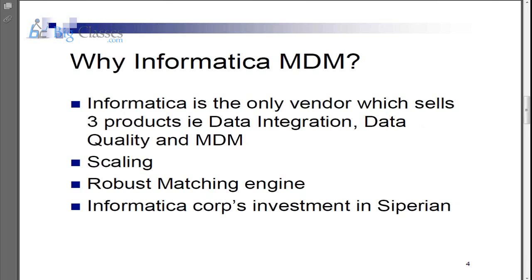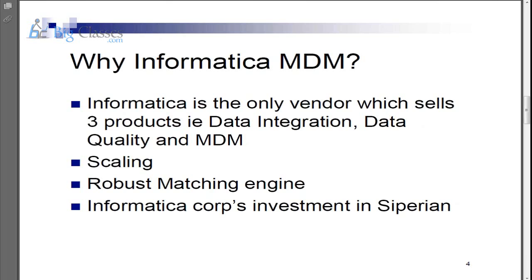The first thing to note is that Informatica is the only vendor that provides all three products: data integration, that is PowerCenter, data quality, that is PowerCenter Developer, and MDM, that is Informatica MDM. All three products together under a single umbrella. It's the only organization that does that. What does it mean for us?